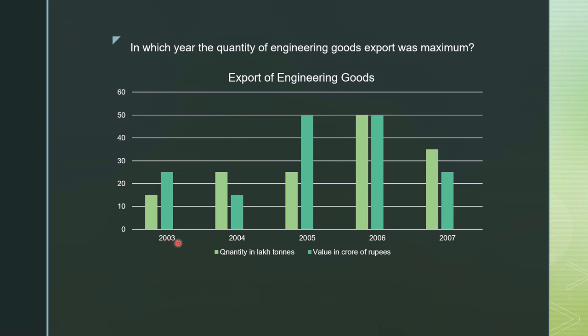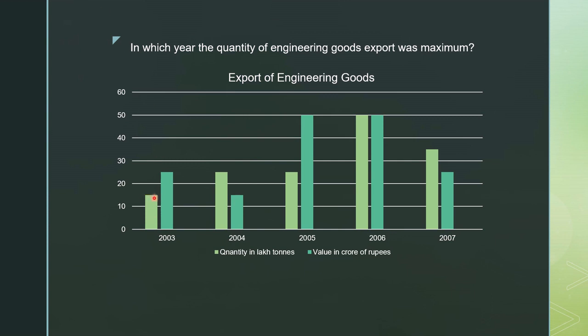In 2003, if we consider the bar diagram, how do we solve this problem? In 2003 the quantity in lakh tons is 15. Why is it 15? Because it is more than 10 and less than 20, so it is the in-between number.